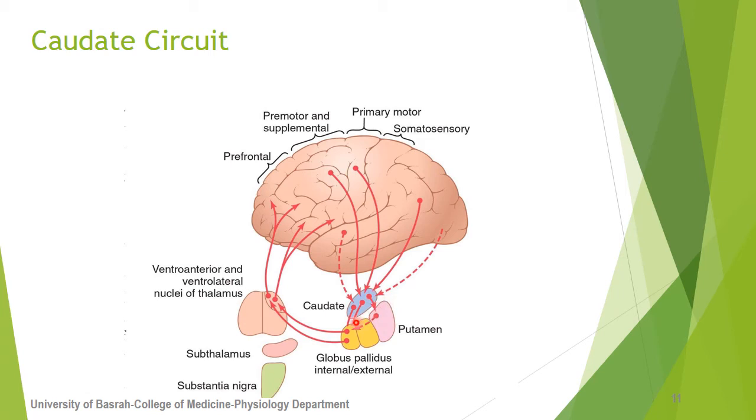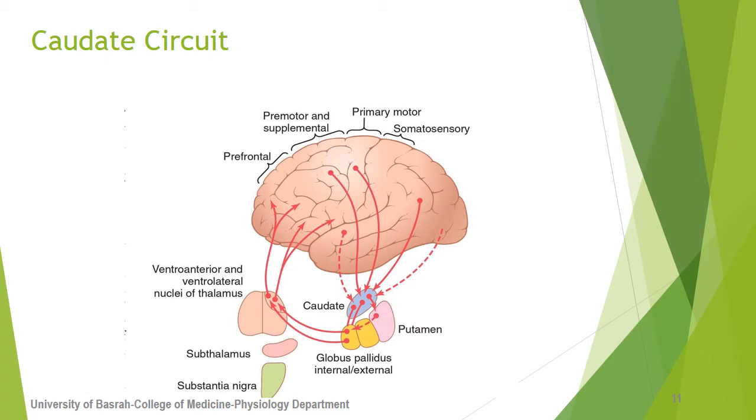These are other parts of other circuits between the nuclei. But the major part is from the caudate to the globus pallidus and then to the ventroanterior and ventrolateral nuclei of the thalamus, to pass thereafter again to most of the motor cortex, including the premotor, supplementary, and prefrontal.